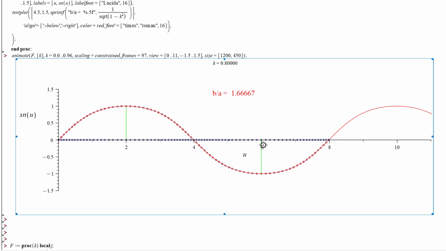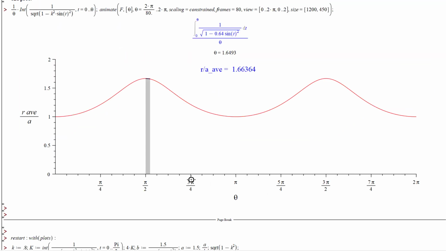So these points are stretched and these are not too much. And again, the stretch amount for each of those intervals, because there's 80 of them, I looked at everything in terms of the 80 subintervals of 0 to 2 pi. So the max stretch is just about 5/3, and the min stretch is just a little teeny bit more than 1, when k is 0.8, which this graph's for.